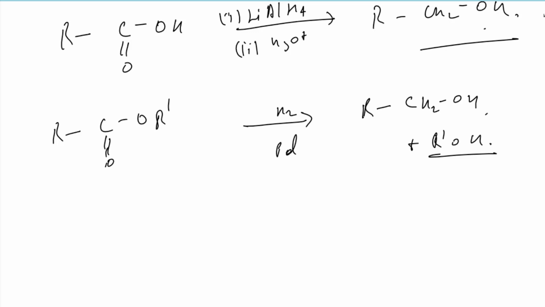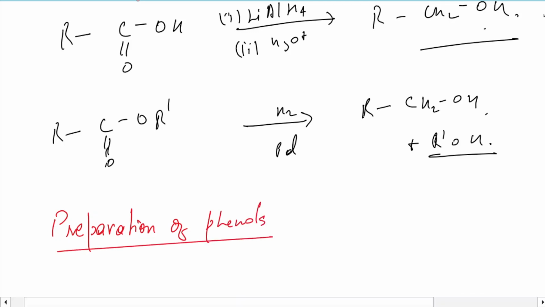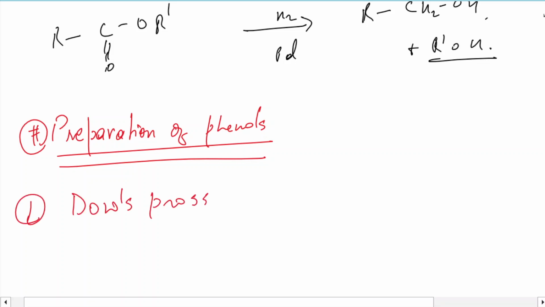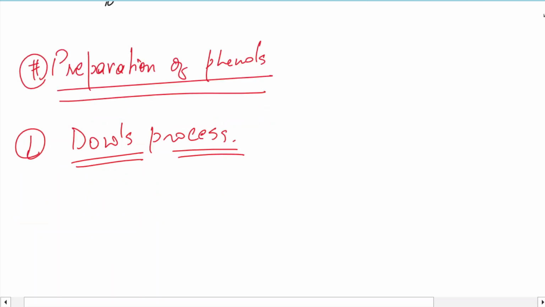Let's now come to the preparation of phenols. Let us have a look at how they are prepared. First is the Dow process. This is one of the methods we have studied in haloalkanes and haloarenes also.